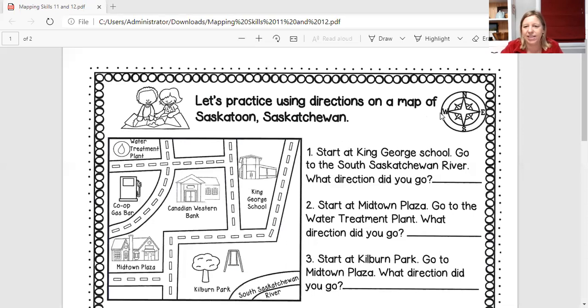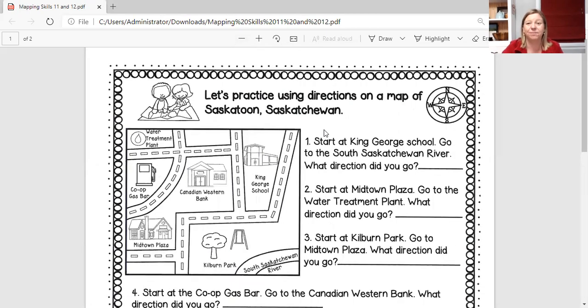I hope you can see it well enough. Maybe I can make it a little bit smaller. Is that better? All right, so in the corner of your map, you will see north and opposite of that, south, over on the right, east, and over on the left, west. This is the compass rose showing the cardinal directions.